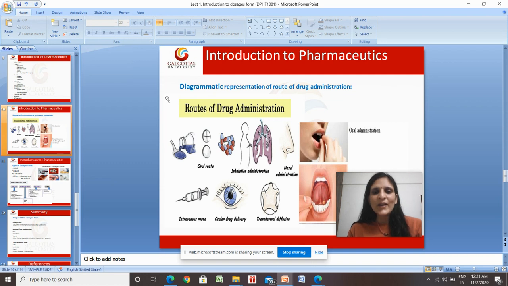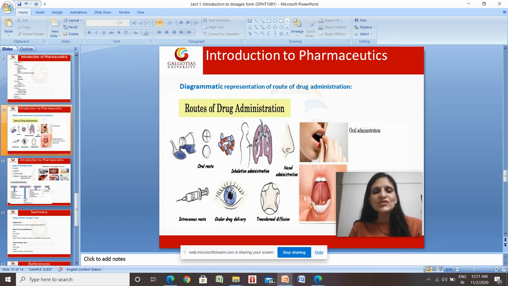Here is a small diagram by which we can understand the routes of drug administration, like oral route. We can administer syrup, tablet, capsules. By inhalational route, doses from inhalers and aerosols can be administered. Nasal route, nasal spray, nasal inhalers. Such dosage forms are administered by this route.